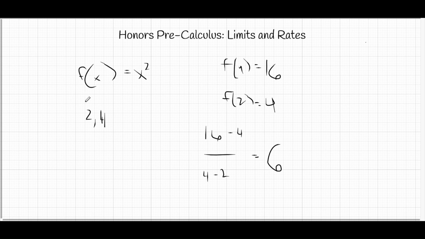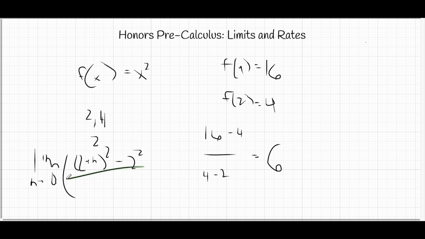Now, let's find the IROC at 2. In this case, the IROC would be limit as h approaches 0 of f of a plus h. So in this case, it'll be 2 plus h squared, because f of x is x squared, so if it's 2 plus h, we just do 2 plus h squared, minus 2 squared over h. Now, this might not look like much.